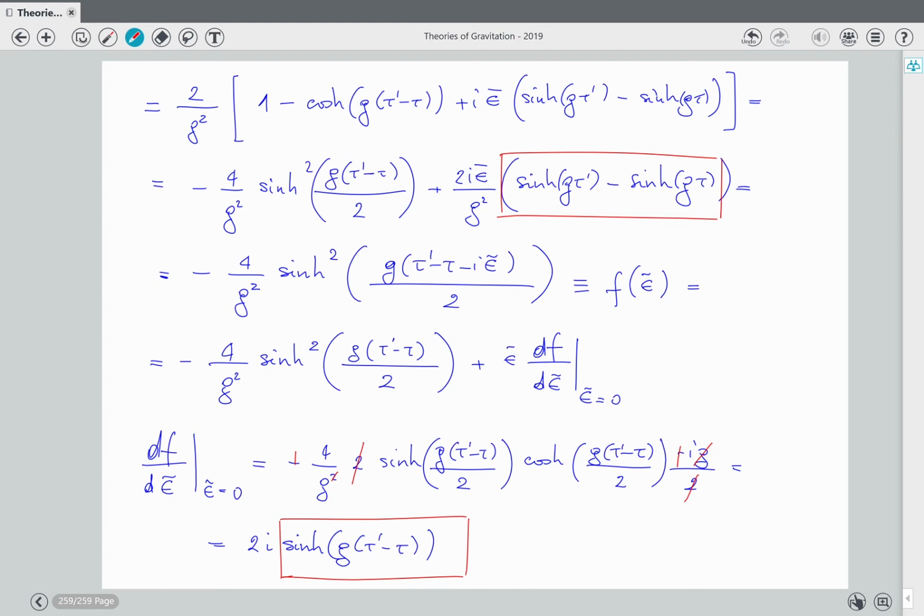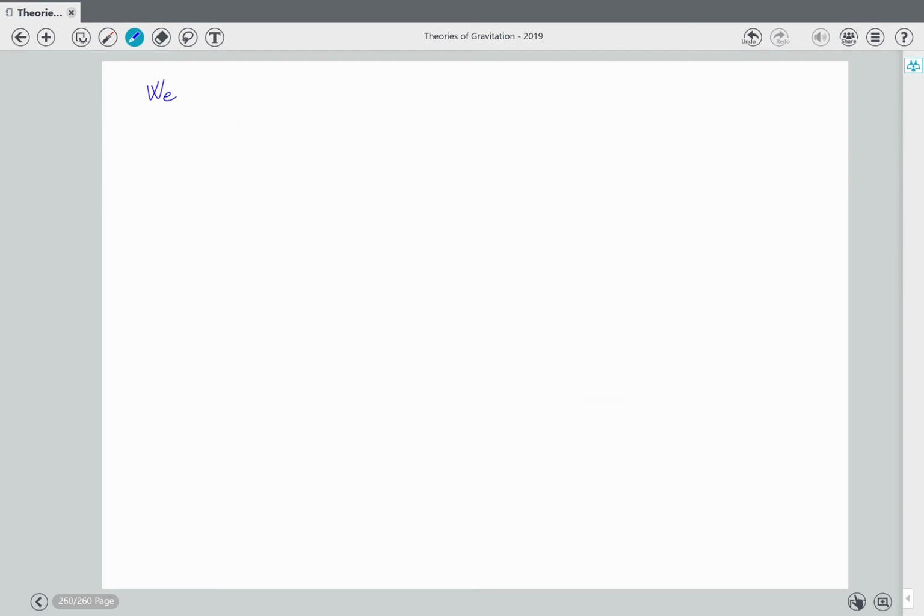And that means that we just need to show that the hyperbolic sine of x minus the hyperbolic sine of y, divided by the hyperbolic sine of x minus y, is strictly positive for every x and y.